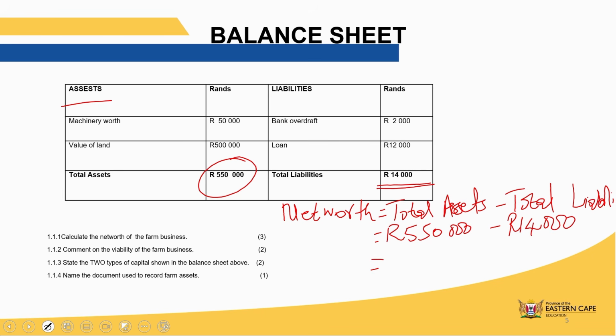Let's calculate the net worth. Let's calculate, it's 550,000 minus 14,000 rand equals to 41,000 rands.